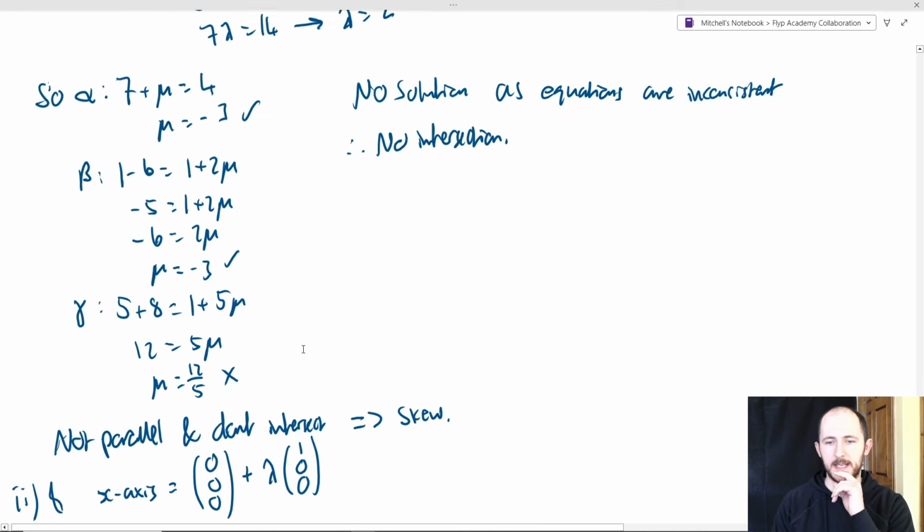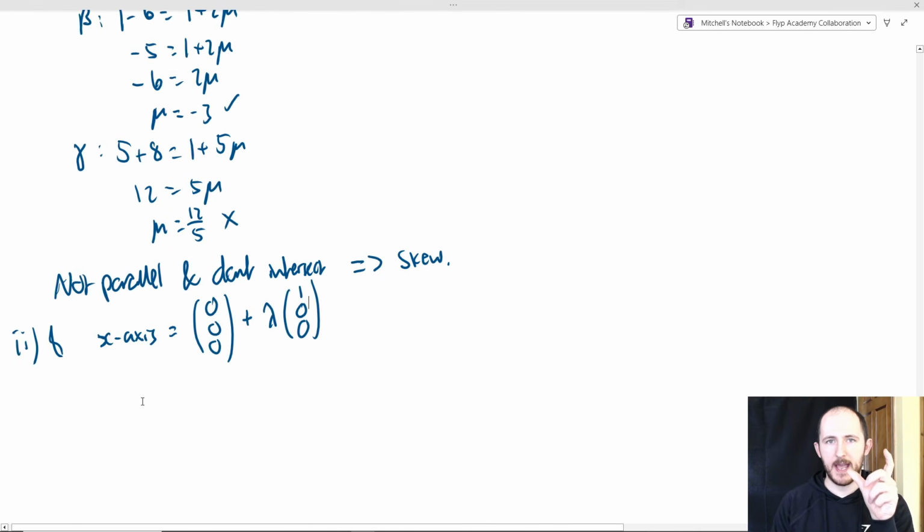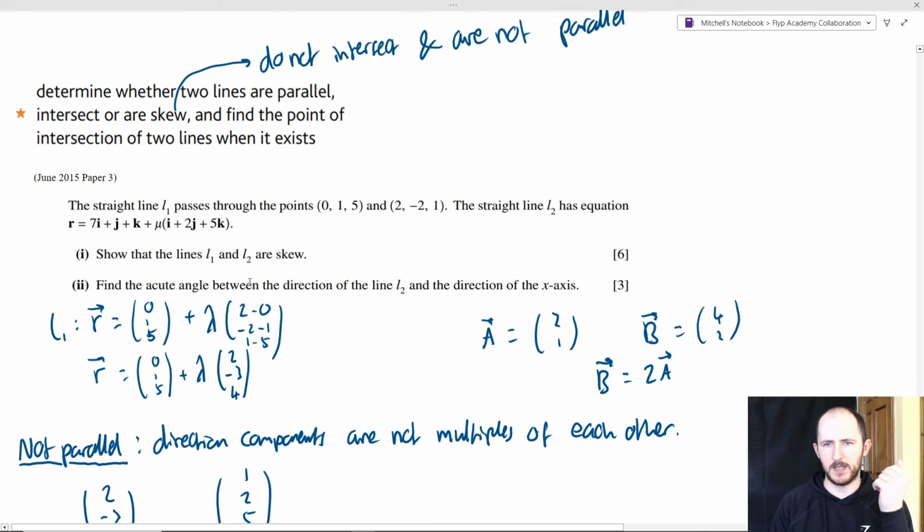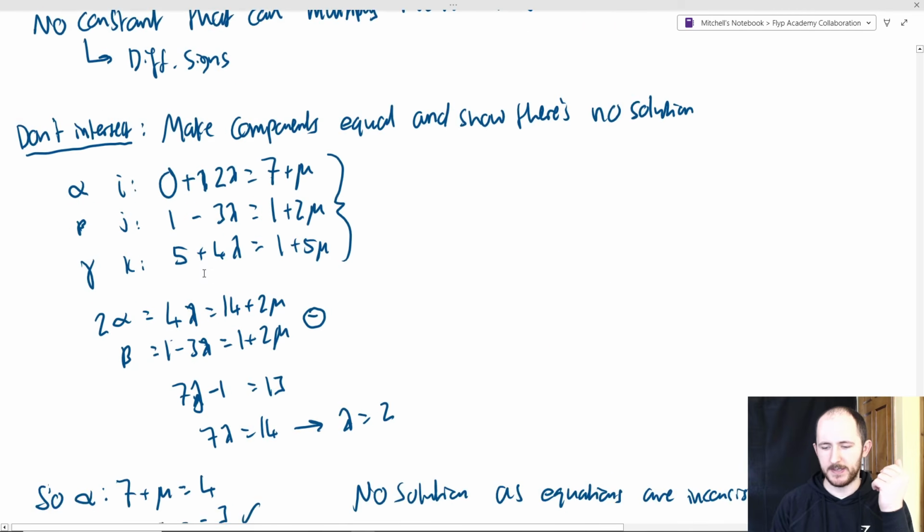So what we can do here is compare the directions of the x-axis with the direction for L2. So direction for L2 is just going to be the direction component of the second line, which is this one. So it's 1, 2, 5.